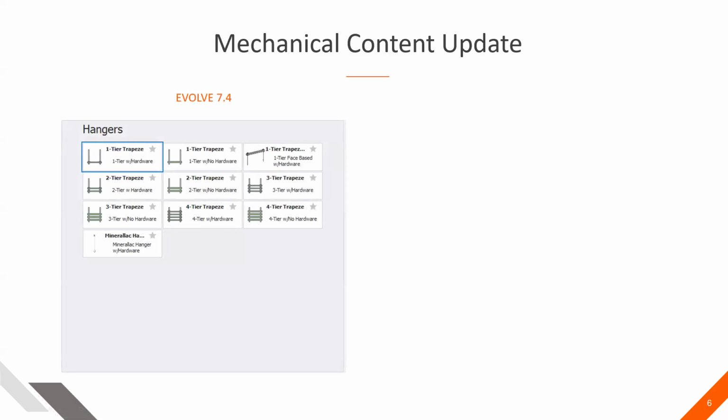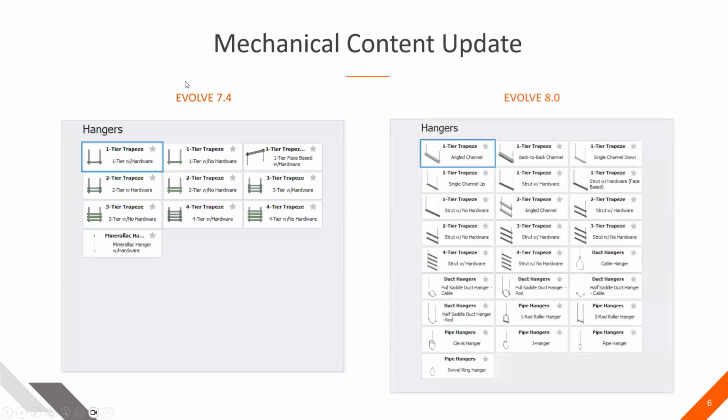Previously, in 7.4, we had this smattering of strut trapeze and that single mini that I mentioned earlier. With 8.0, we have nearly tripled the amount of supports for mechanical. If you look closely here, there's a handful of channel-based trapeze supports, some using angled channel, some using C channel.